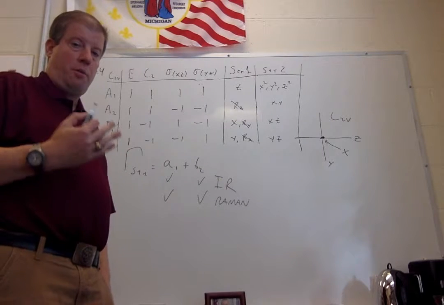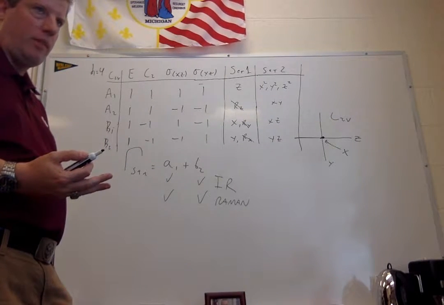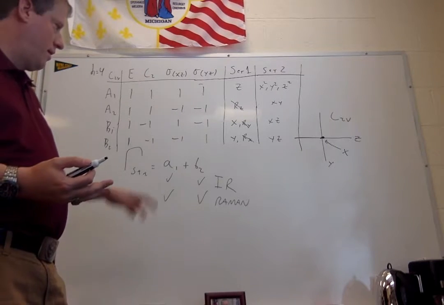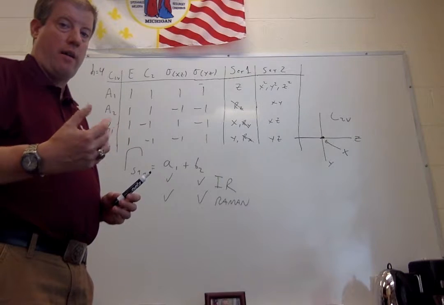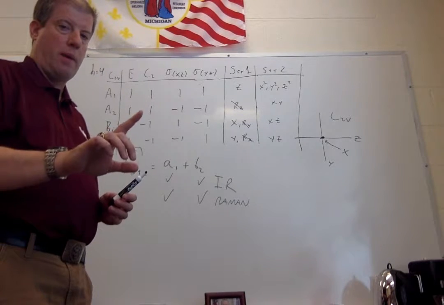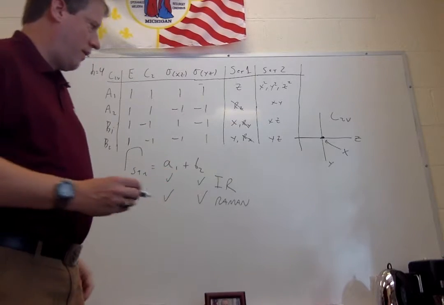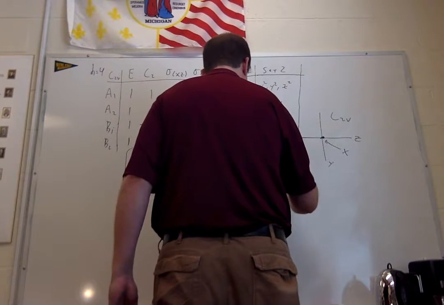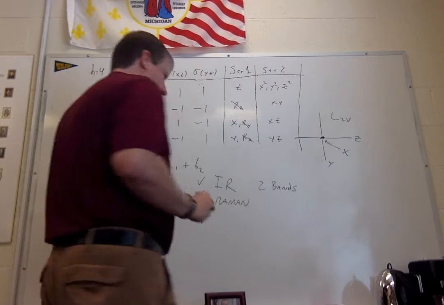So to boil down what you would actually see based on this: each symmetry that you see, if it's IR or Raman active, gives you one band in the IR spectrum. So there are 2 bands in the IR.